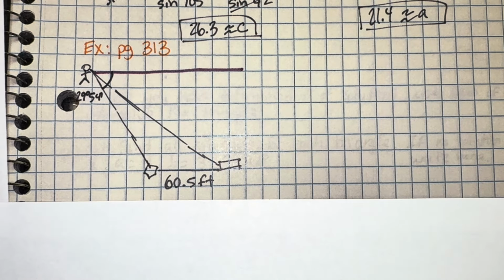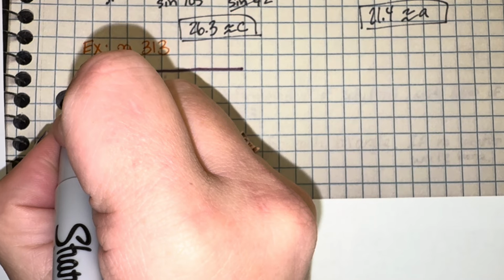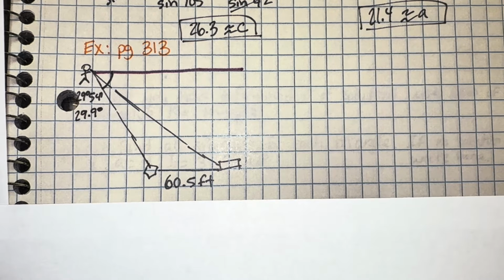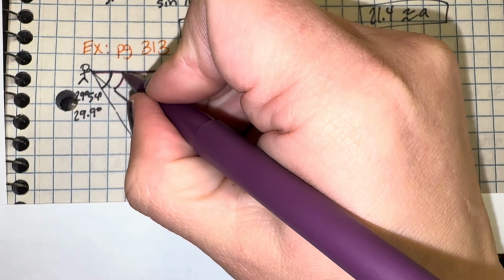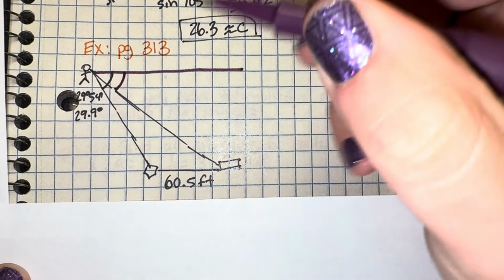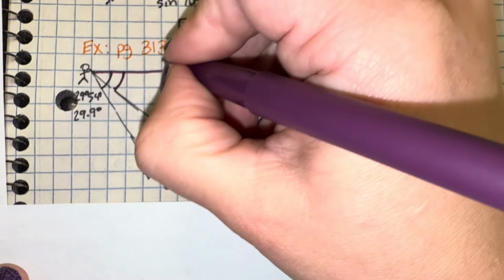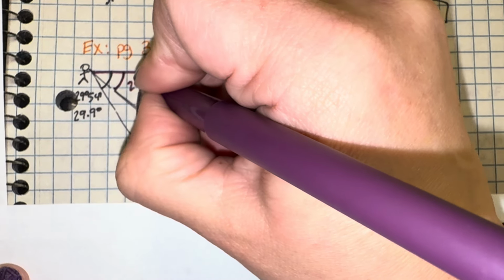In order to convert those minutes into degrees, you're going to take that 54 divided by 60, and that's going to give us 29.9 degrees. Okay. And then it tells us that the angle from this fan, see if we can write it in this purple so you can tell the difference. The angle of the fan to the pitcher's mound is 24 degrees, 12 minutes.